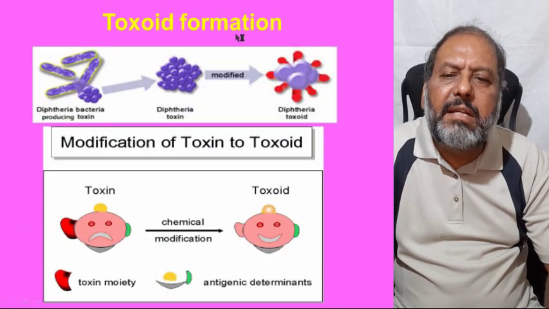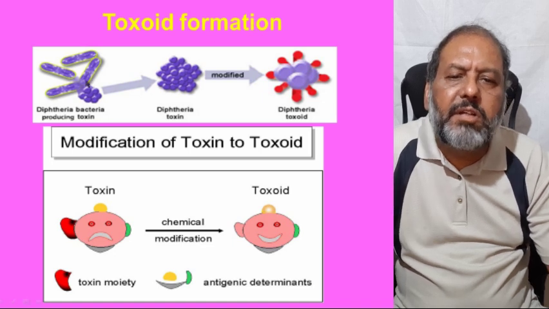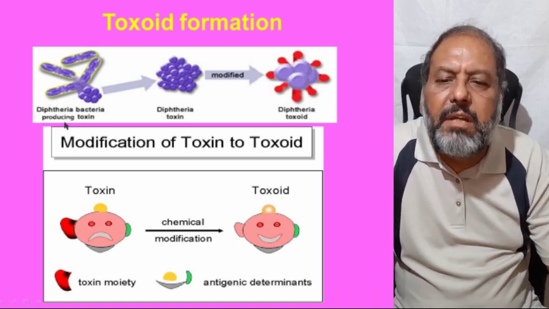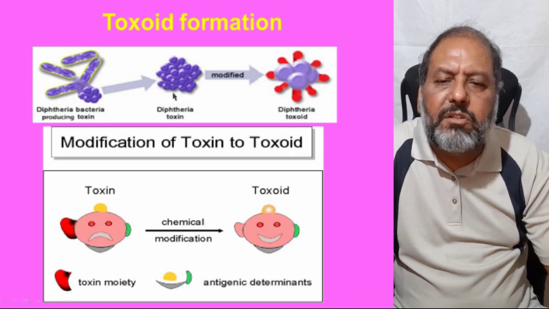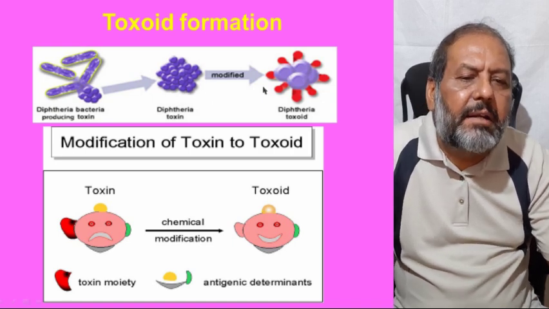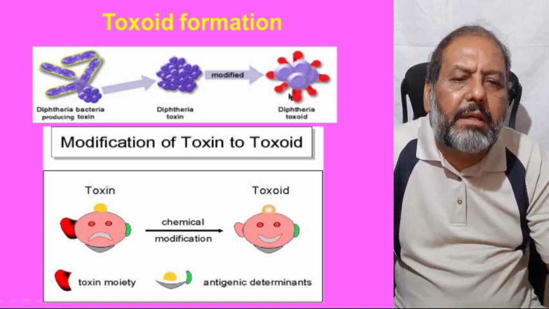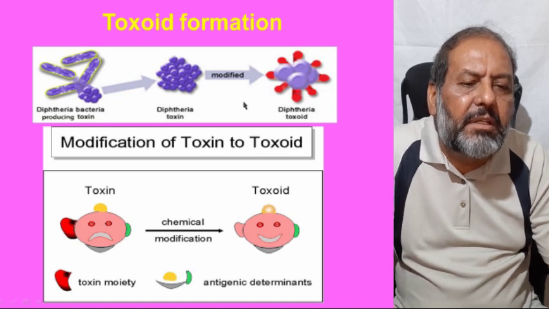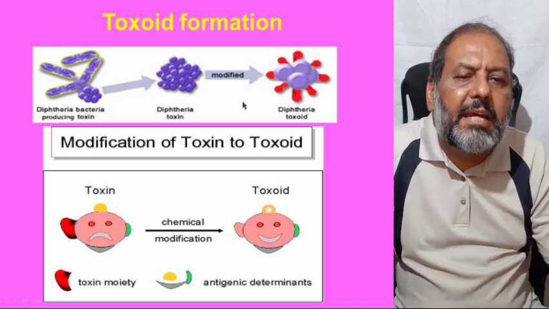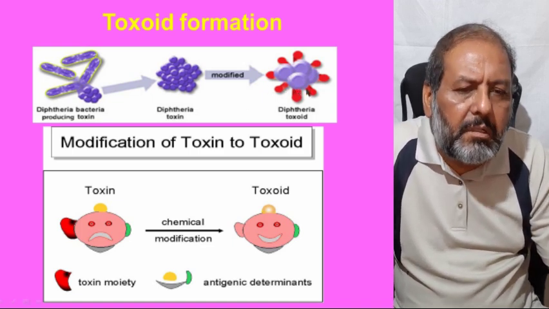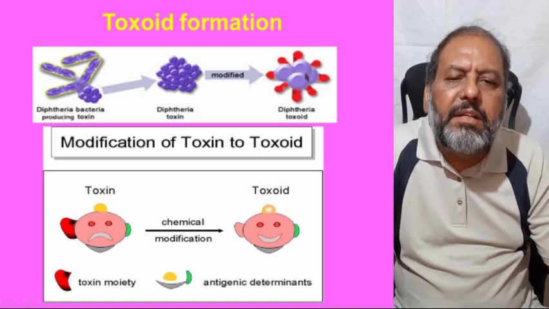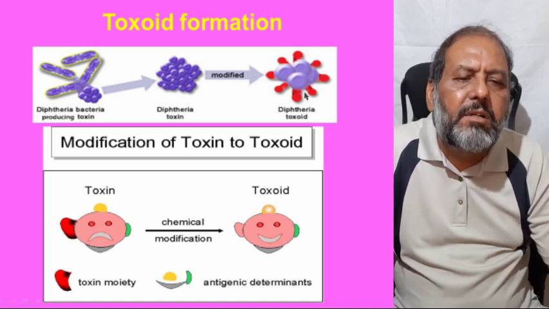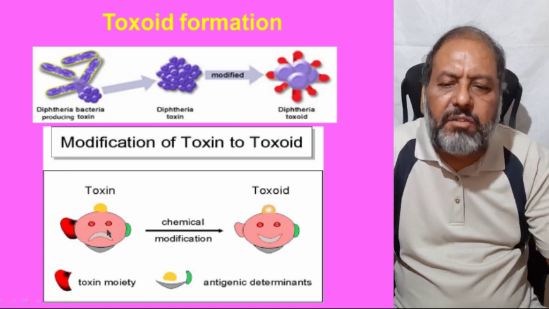So here one can see the toxoid formation. The diphtheria bacteria produce the toxin, and these bacterial toxins are inactivated to make just the diphtheria toxoid, which is capable of producing the antibodies. So the diphtheria toxin is modified to the diphtheria toxoid.